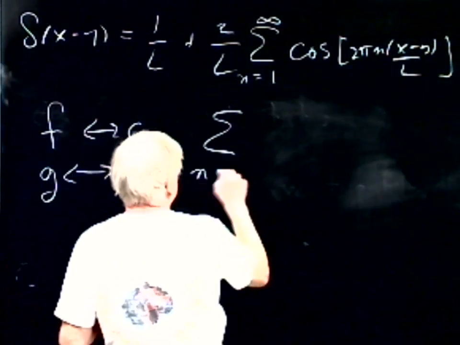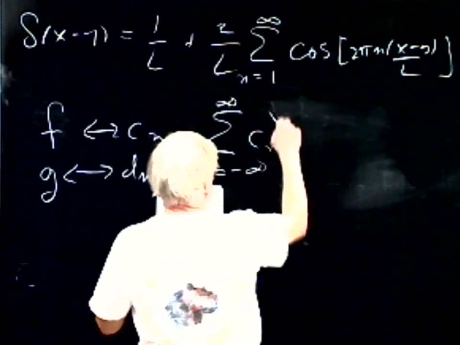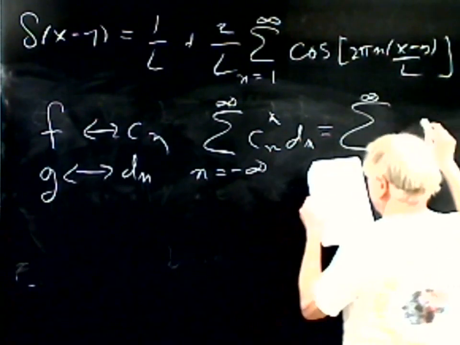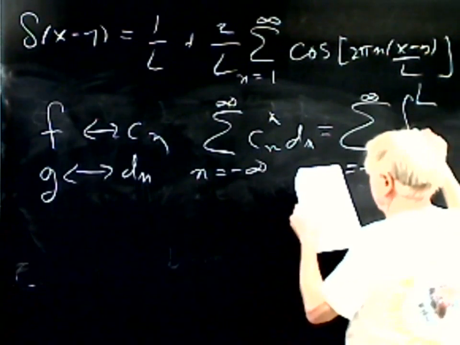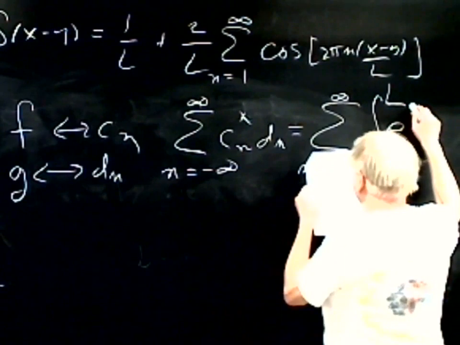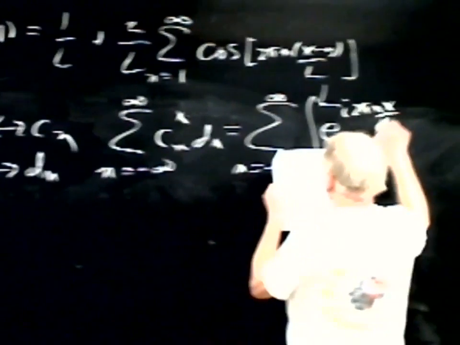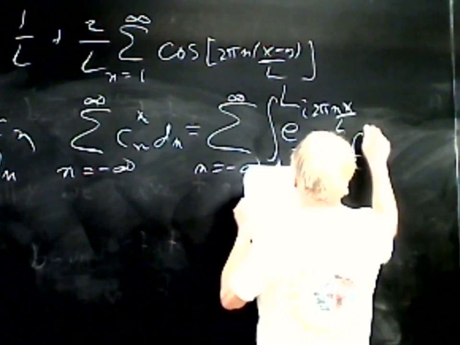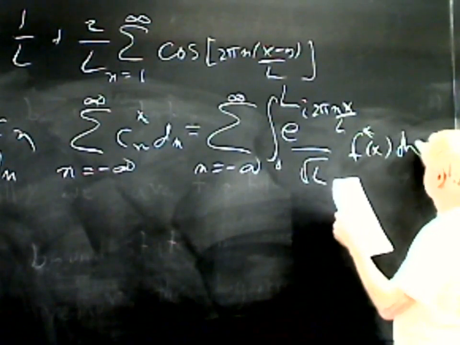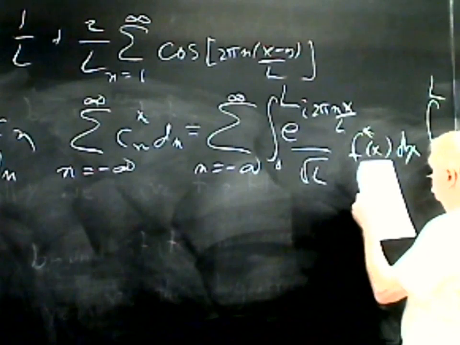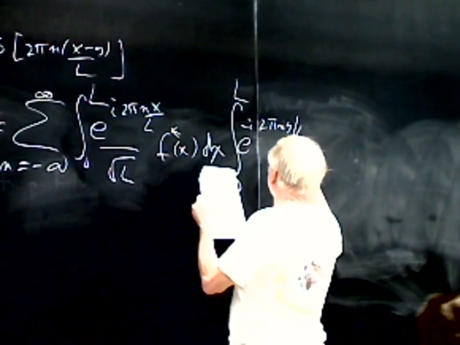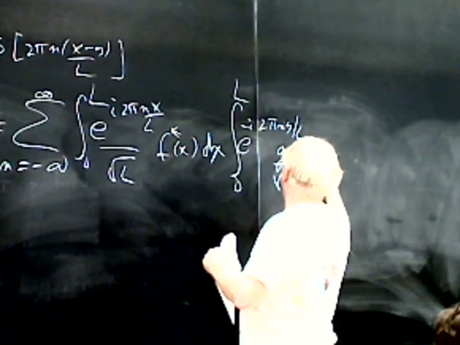Then the sum n equals minus infinity to plus infinity of c_n star d_n is the sum n equals minus infinity to plus infinity. c_n star is the integral 0 to L of e to the i 2 pi n x over L over square root of L, f star of x, dx, and the other one is the integral 0 to L of e to the minus i 2 pi n y over L, g of y over square root of L, dy.